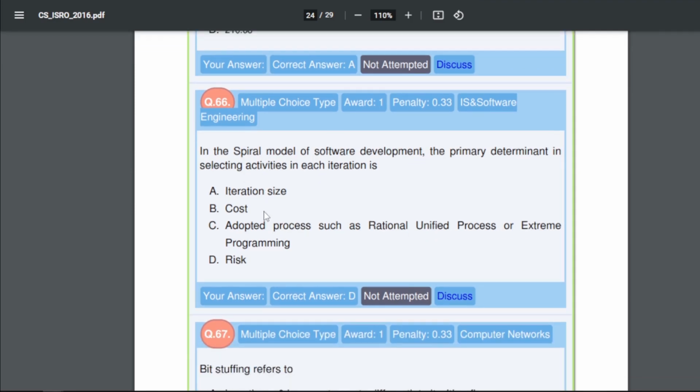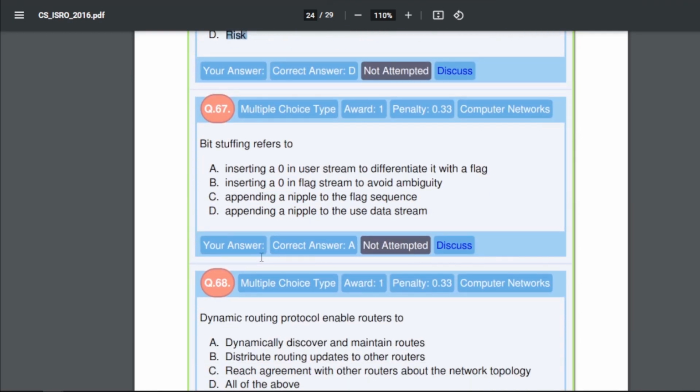Question number 66 is, in the spiral model of software development, the primary determinant in selecting activities in each iteration is what? For this, risk is the answer. In the spiral model of software development, the primary determinant in selecting activities in each iteration is risk. 67 is, bit stuffing refers to what?